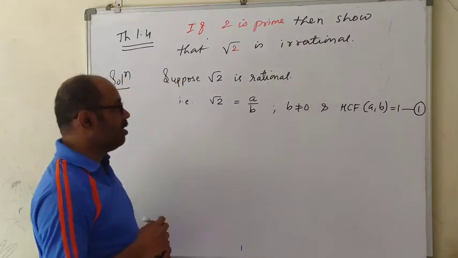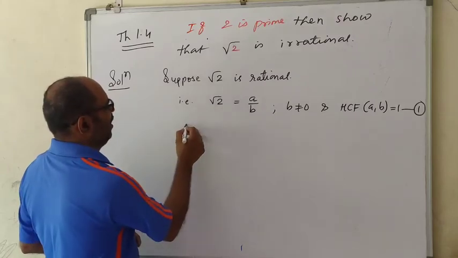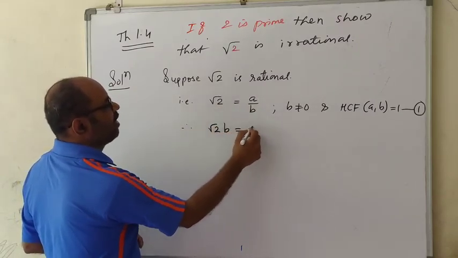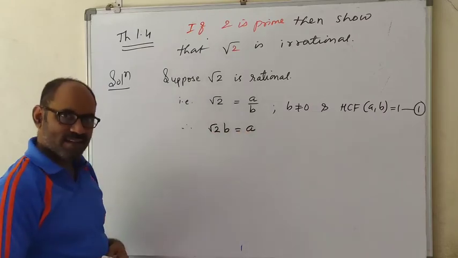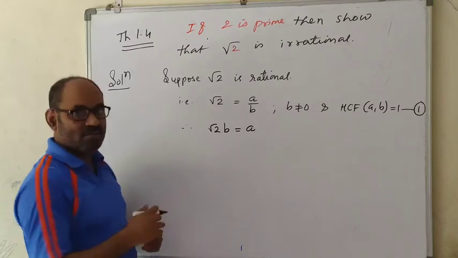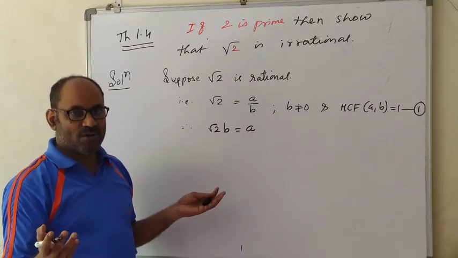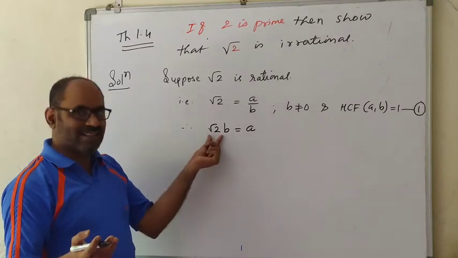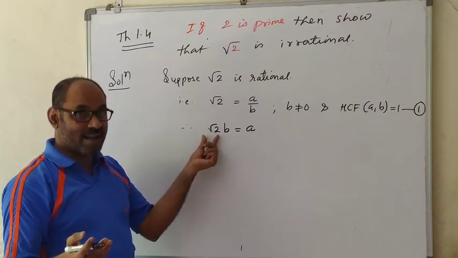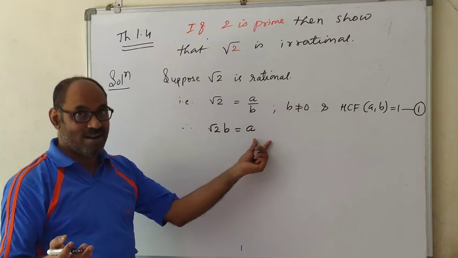Clear? Now what will you do? Please, cross multiplication. So root 2 b is equal to a. Correct? Presence of root. I don't want root. So if I want to get rid of root, I am going to square the left hand side. I can't do that in the equation alone. If I take square on left hand side, I'll have to take square on right hand side.